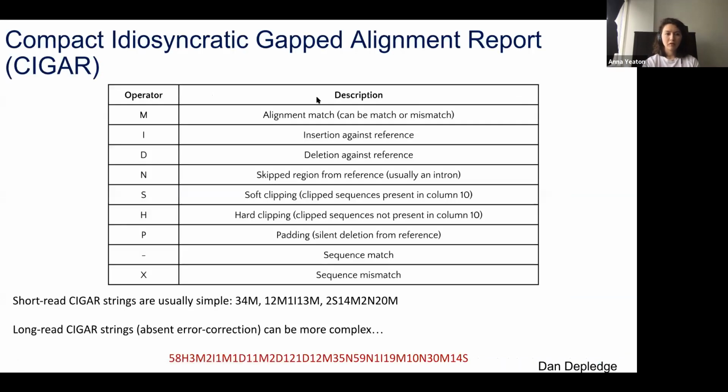Okay, and then moving on to cigar strings. Cigar strings stand for Compact Idiosyncratic Gapped Alignment Report. And basically it tells you how this read aligns to the reference.